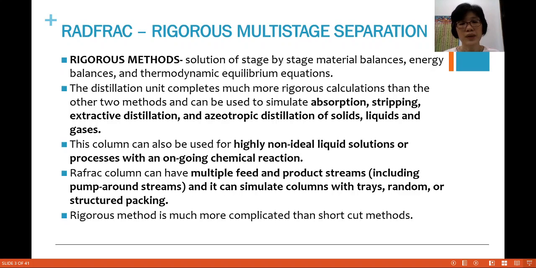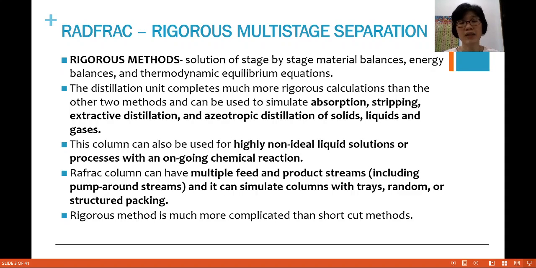Okay. So RECFRAC column, in comparison to the shortcut method, can have multiple feed and also product streams, including pump around streams, and it can simulate the column with different internals like tray, random, or structured packing. While in shortcut method, remember, we can have only one feed and two products.